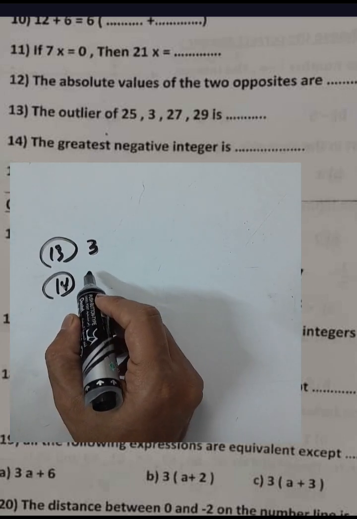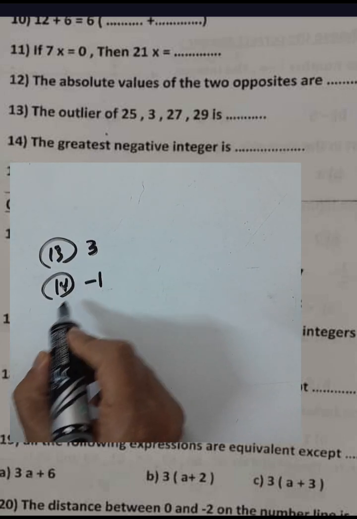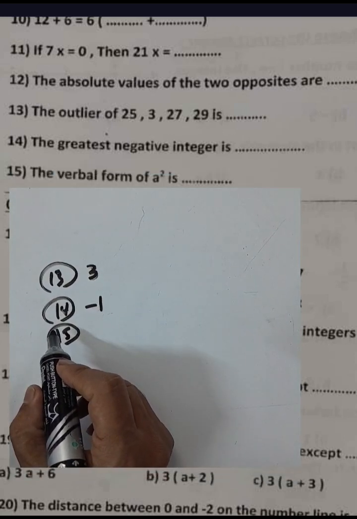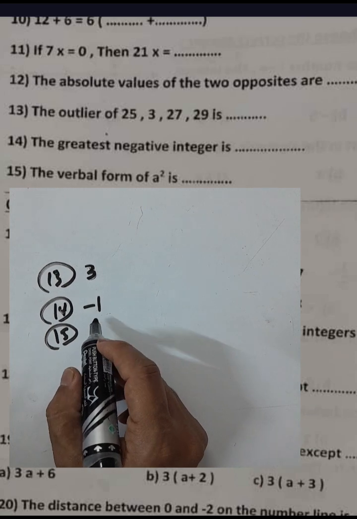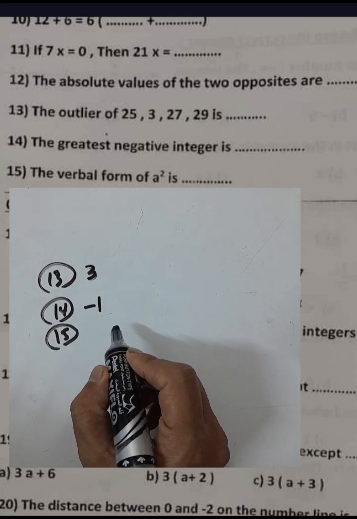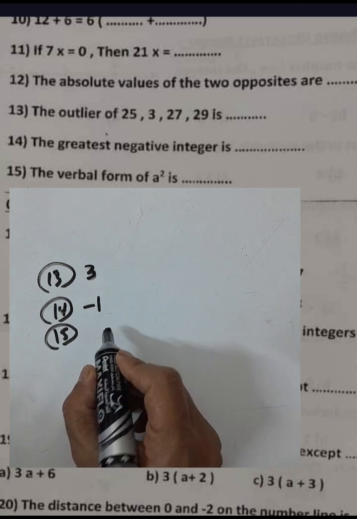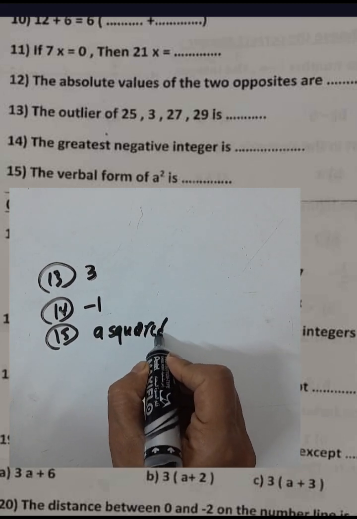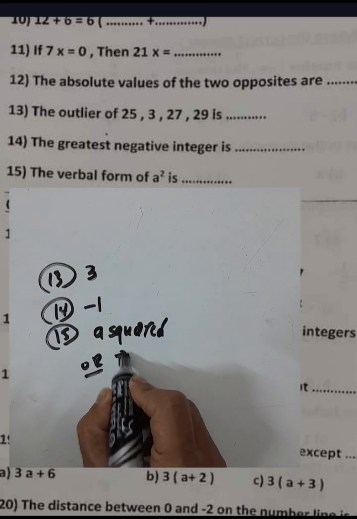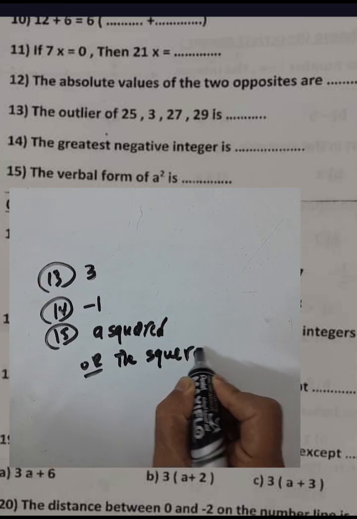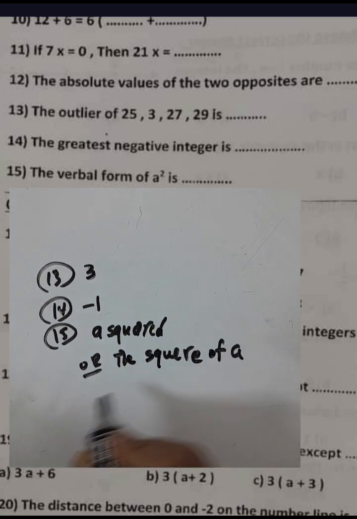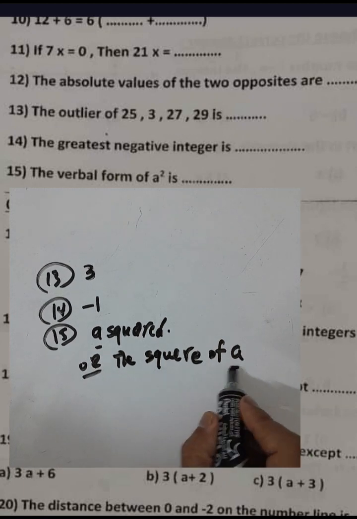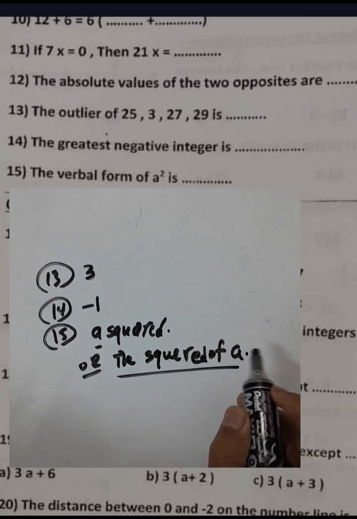14. The greatest negative integer will be negative 1. The verbal form of a power 2 will be what? Squared of a, or a power 2, or you can write a squared, or you can write the square of a.